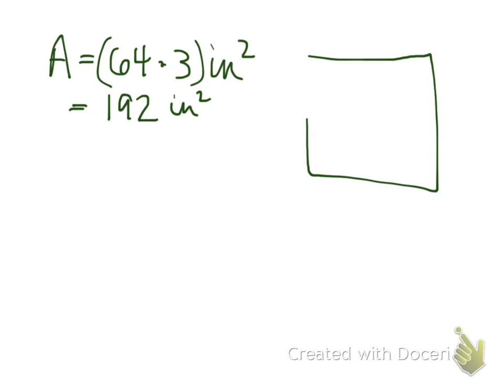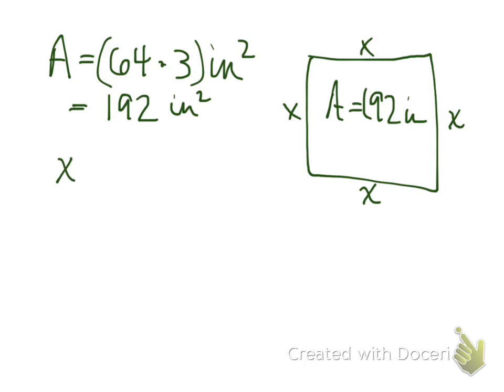So if I had a board and the area was 192 square inches, I could talk about the side length x. Okay, so x squared is equal to 192.